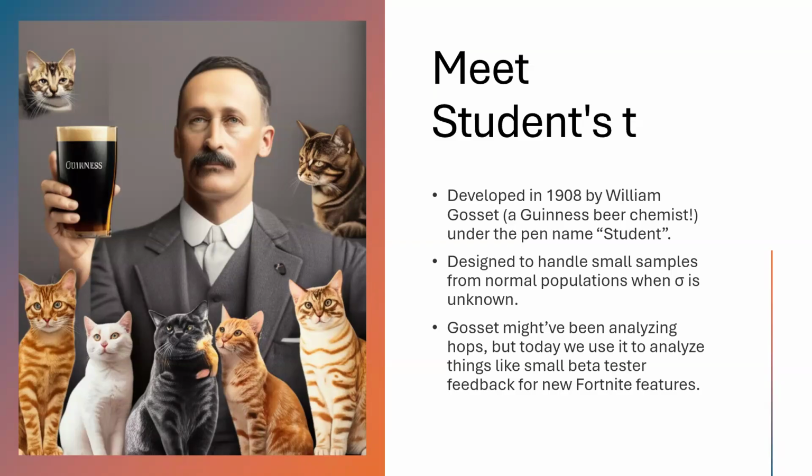You only have feedback from 9 beta testers. You can't assume you know the population standard deviation. It's too small of a group. That's a perfect job for the t-distribution. In essence, the t-distribution gives us a way to do inference when data is limited and messy, which is basically always the case outside of textbooks.